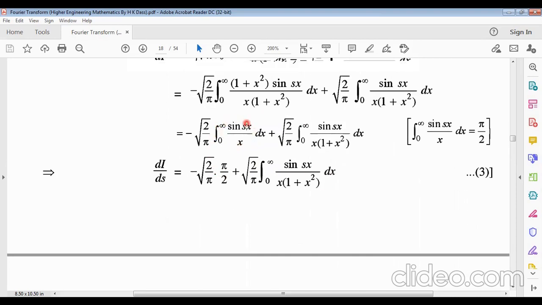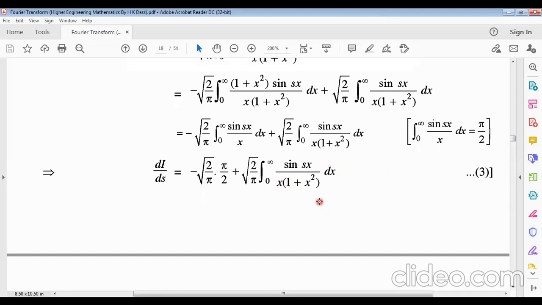Using this formula, the first part gives pi by 2. So this is the integral 0 to infinity of sine sx divided by x into 1 plus x square. This is equation number 3.